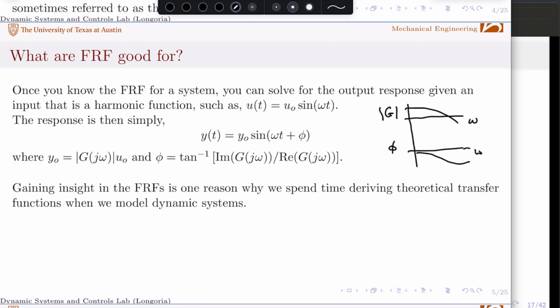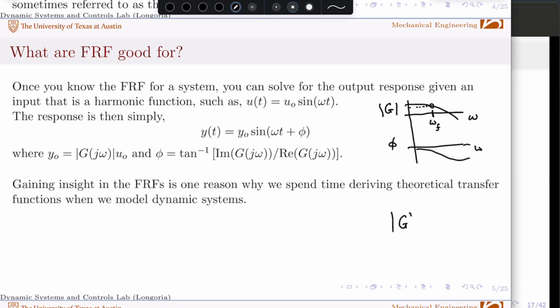What you can do now is, hey, it tells you if I'm forcing it somewhere at omega, let's say f here, this tells me basically what the amplitude ratio will be there. Remember that the G is the amplitude, the magnitude, the peak, if you like, over the input.